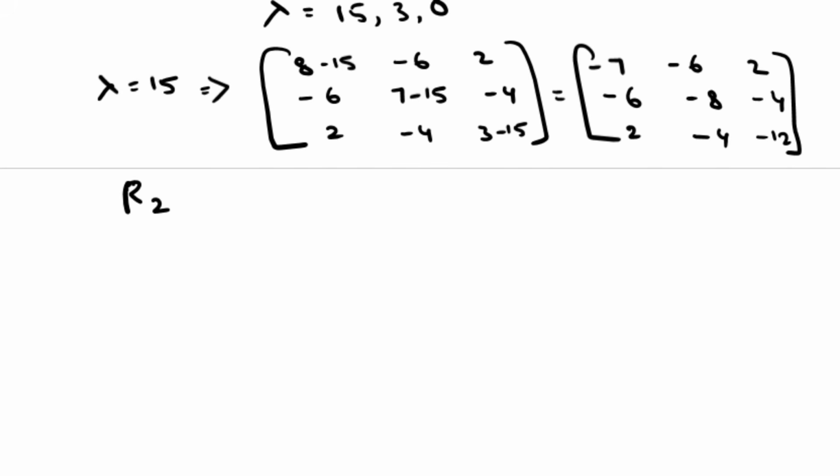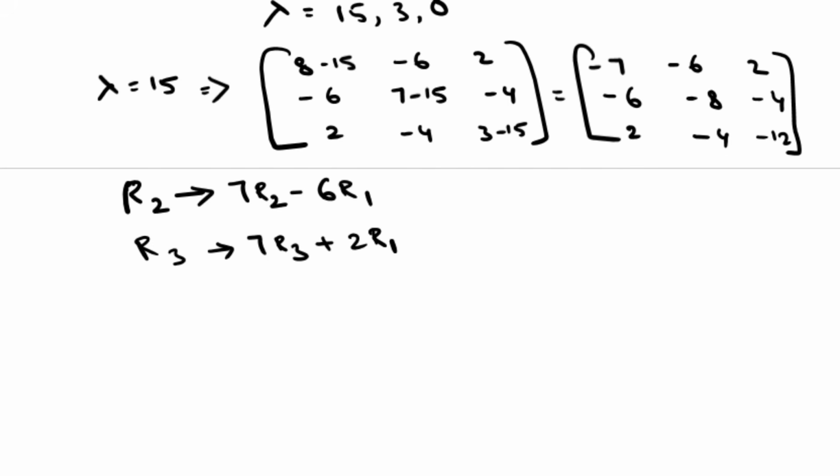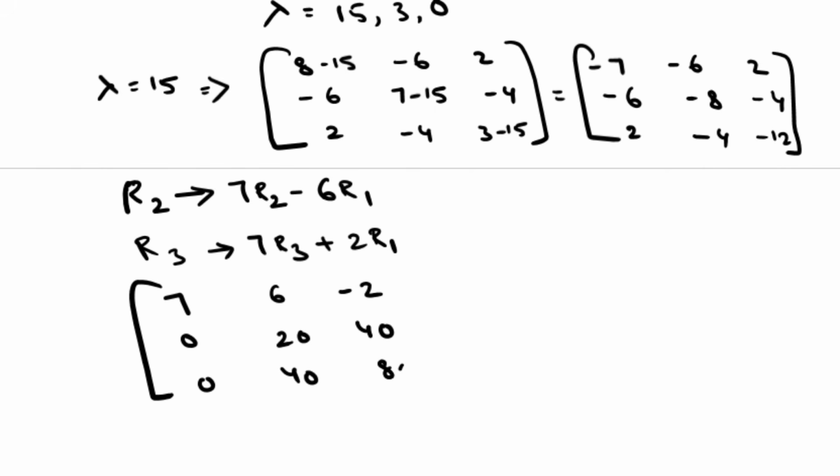R2 implies 7R2 minus 6R1 and R3 implies 7R3 plus 2R1. Then the matrix will be: row 1 as it is, 7 6 minus 2; 0 20 40; 0 40 80.